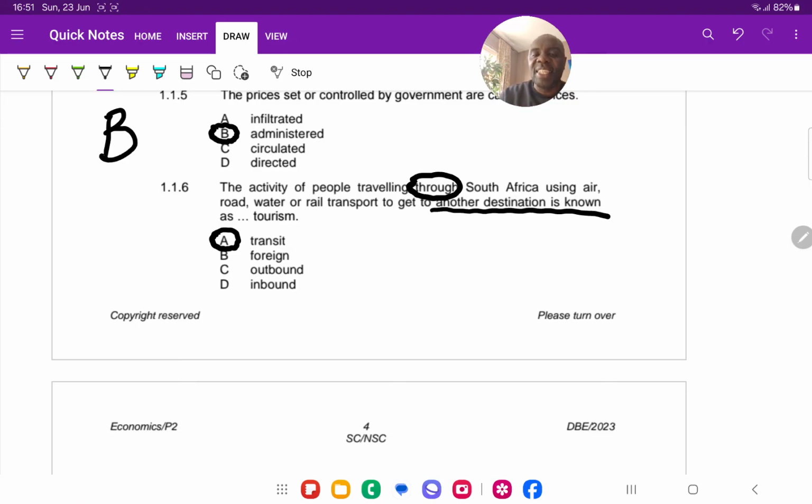They are in transit. They are moving through South Africa to their final destination. Answer B, C, and D are incorrect. So you can see that you can get as many marks as possible from section A because you are given possible answers and you are getting the best answer that answers the question. So in this case, the answer is A.